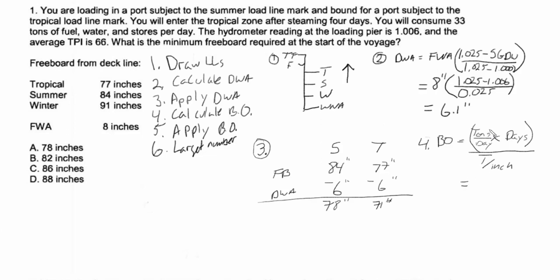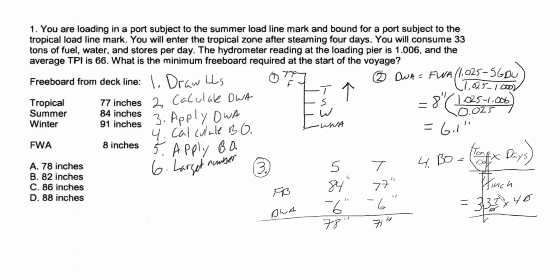So in our case, we consume 33 tons of fuel, water, and stores per day. So we have 33 tons per day times 4 days. Days cancel out, and that's divided by TPI, which is 66 given in the problem. 66 tons per inch.